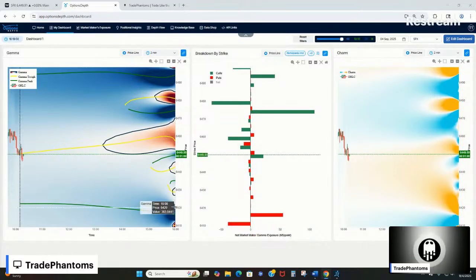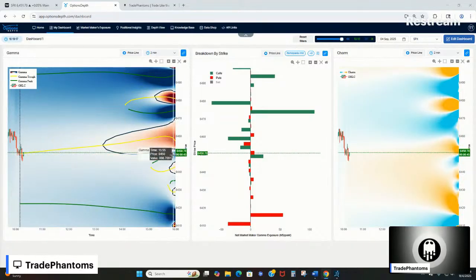The 25s don't really have much there. You see that blue node right there, but that is coming from the 64.15. It's creating this whole area of positive gamma down here. We're in a slight positive gamma node right now, 64.50 on the SPX. Now price is coming down into that little bit of a positive gamma, it's not insanely massive, but there's something there.